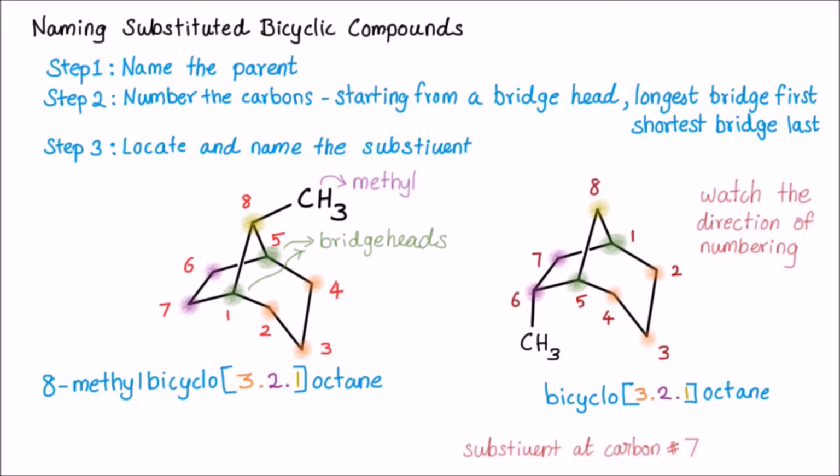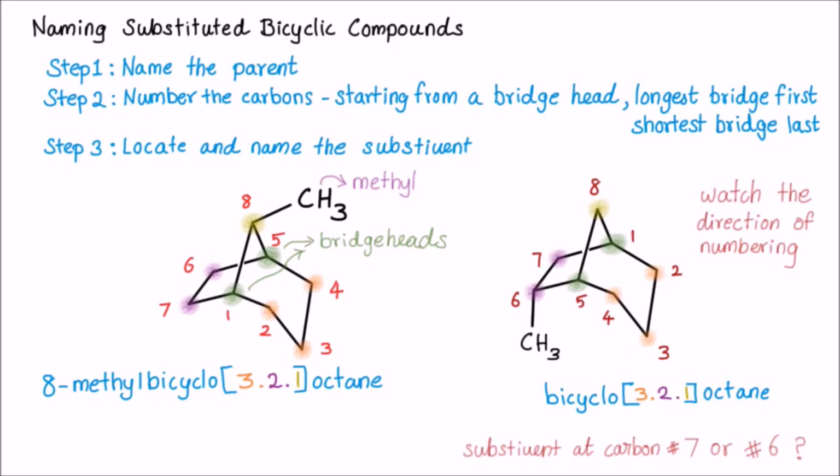Now your methyl group gets carbon number 6, right? So that's on the second longest bridge. If I continue numbering, the second longest bridge gets 6 and 7, and then the shortest bridge gets 8. So now the substituent is at location number 6, that is the 6th carbon atom.